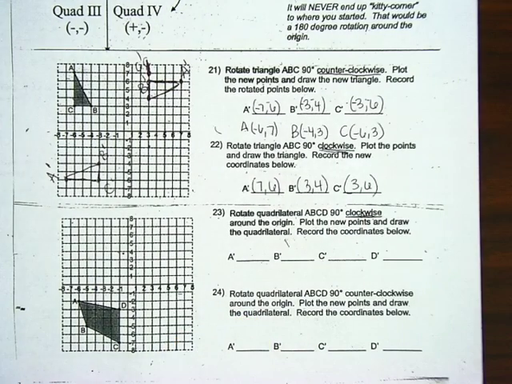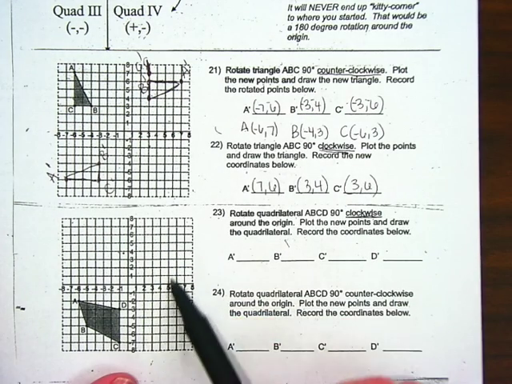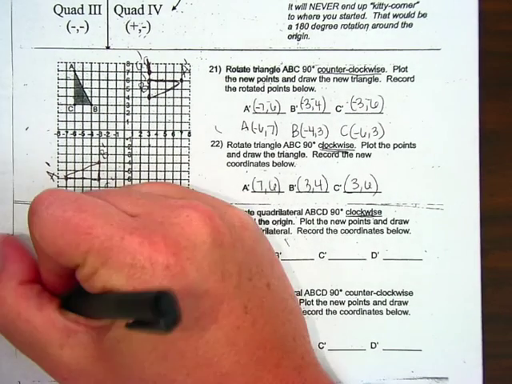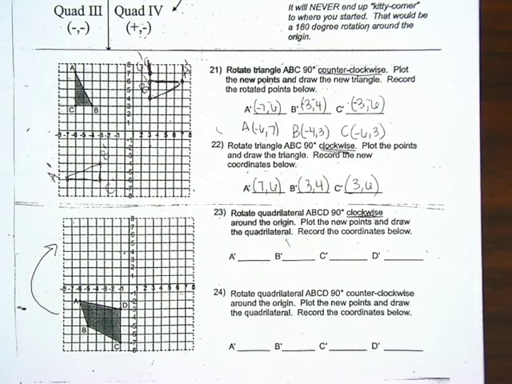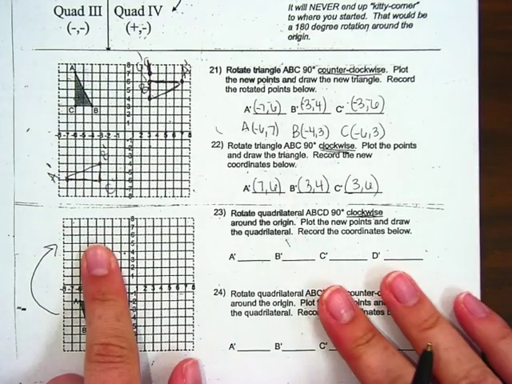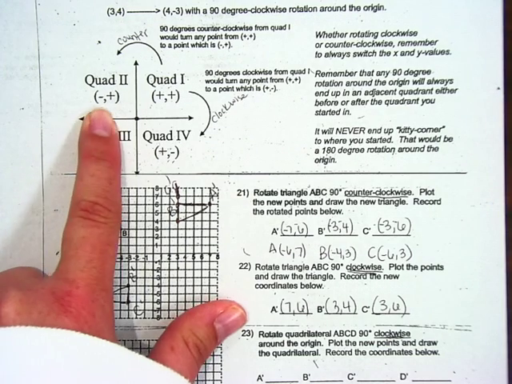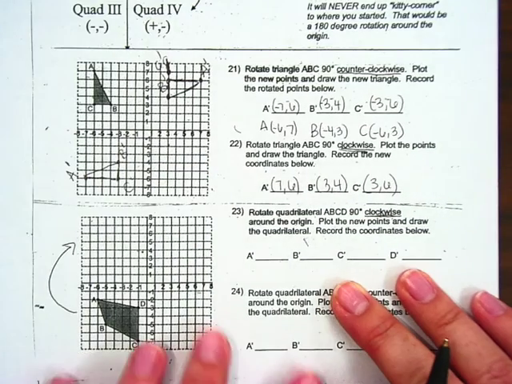So a clock starts at the top and works its way down and around. So the next 90-degree turn should put me into this quadrant right here. So quadrant number 2 is going to have a negative X and a positive Y. So let's go ahead and get our original points.